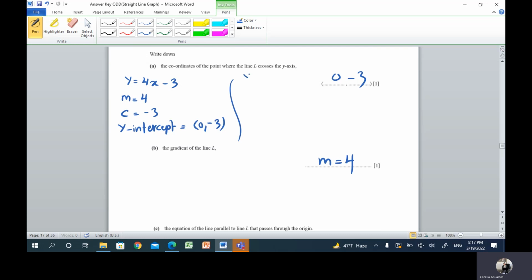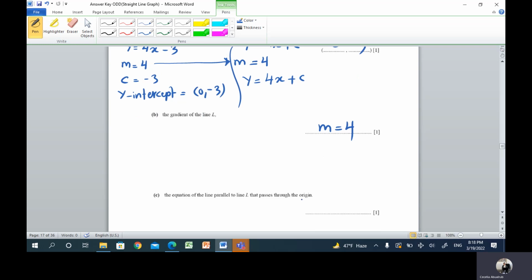So the parallel line is unknown. I'm going to give it the equation of y = mx + c. Parallel lines have the exact same gradient, so m is equal to 4. So I know half of the equation now: y = 4x + c, and it's passing through the origin (0, 0).